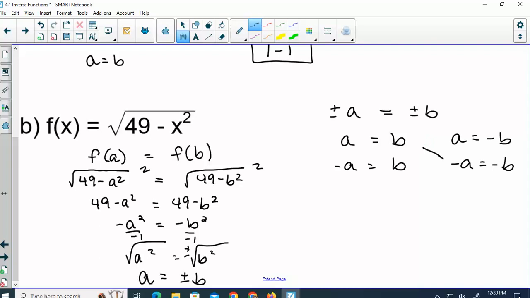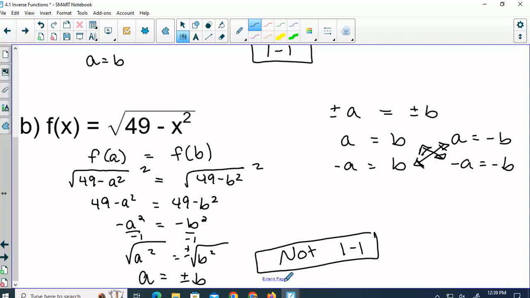And so you see these are really the same thing if you divide it by negative 1. And these two are really the same thing if you divide by negative 1. So it's not wrong to put it on both, it just gives you the same answer multiple times. So since I didn't just get an a equals b, this means it is not 1-to-1.